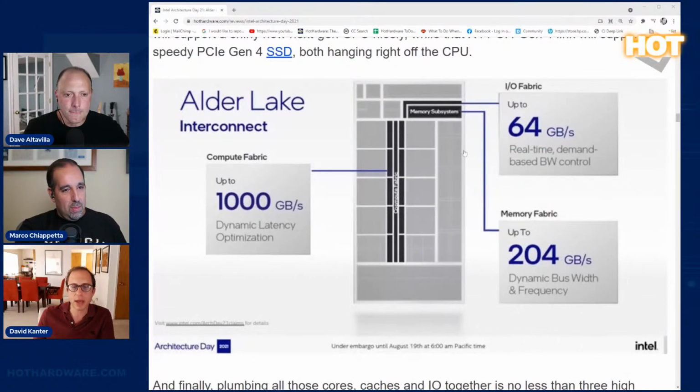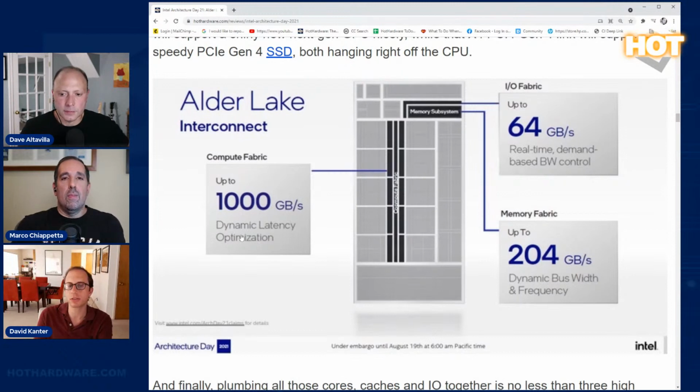But how that hooks up to both the big and the little cores, that's a really interesting question. Also, the other thing they talked about is being able to optimize the operation of the fabric for latency, right? Which again, single thread performance and latency, that's really what you want as a consumer. While right sizing and optimizing those other fabrics in the right way.